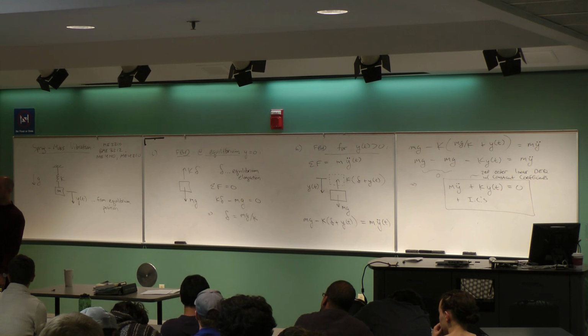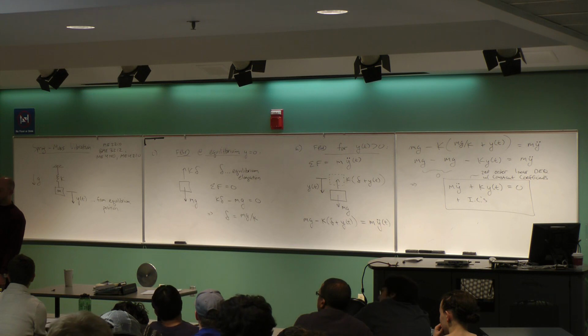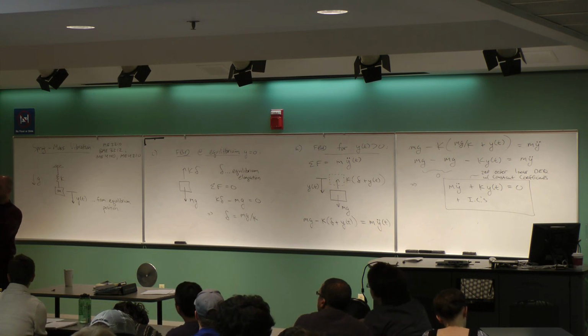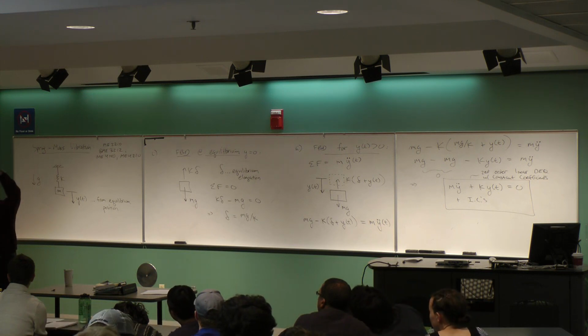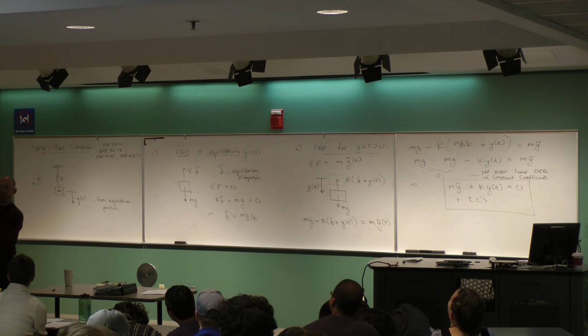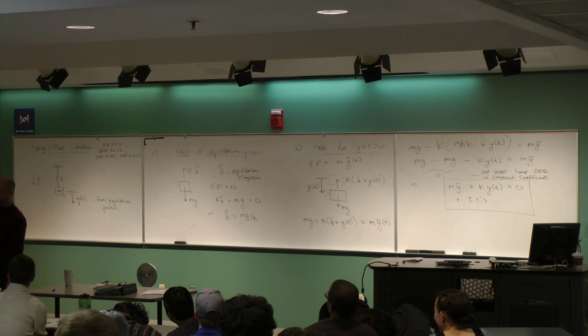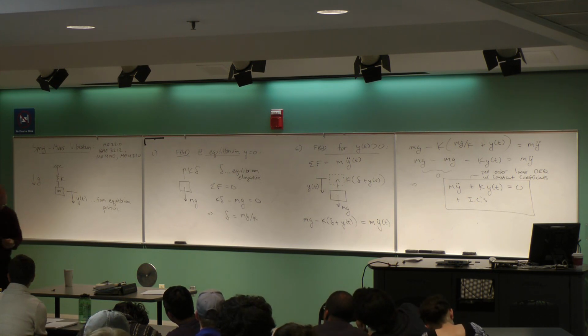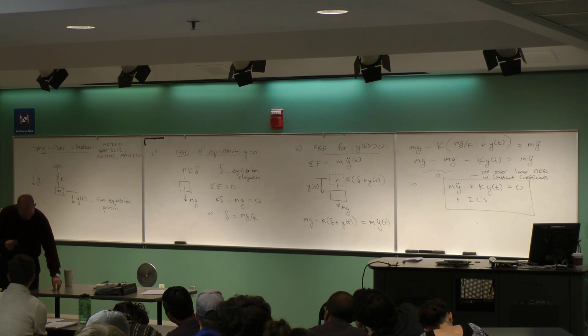Stop. So I got 10 cycles in 10 seconds. It's almost like I bent the crap out of the spring till I could get it to be 1 hertz. That's exactly what I did. So it's 1 cycle per second.